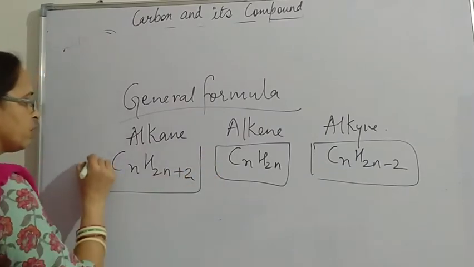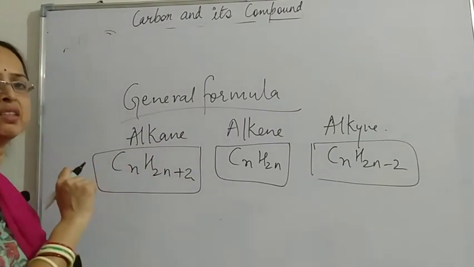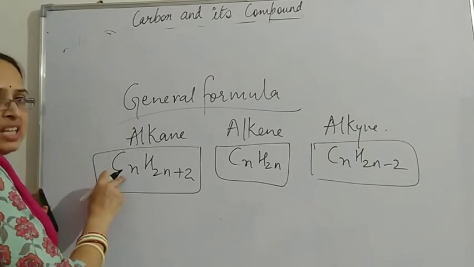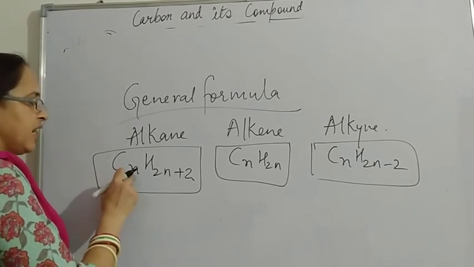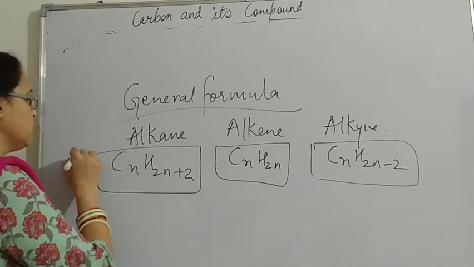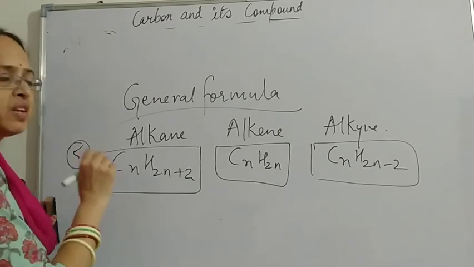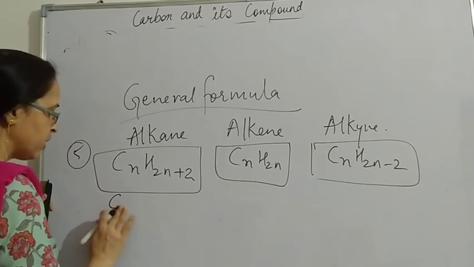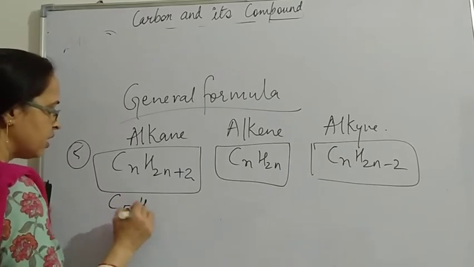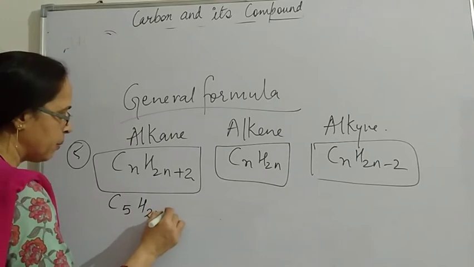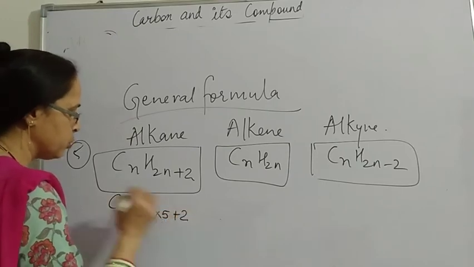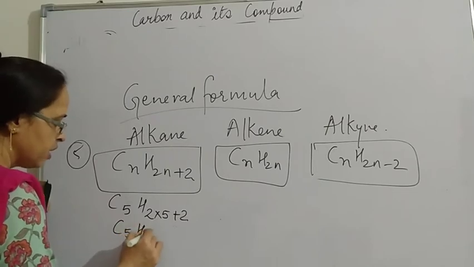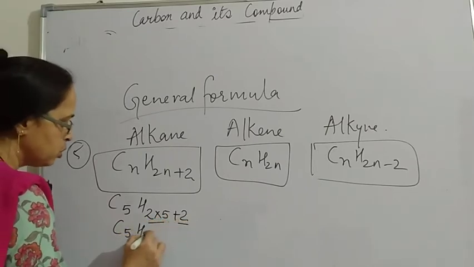Now how can we use this formula in finding the molecular formula? For example, if n equals 5, then in place of n I'll write 5, then H, 2 multiplied by 5 plus 2. So the formula comes to be C5H, 10 plus 2, 12.